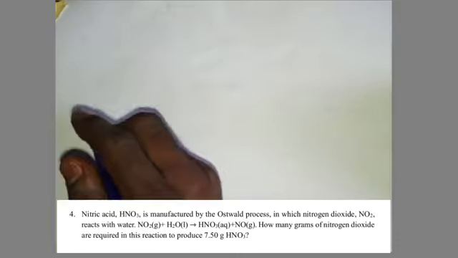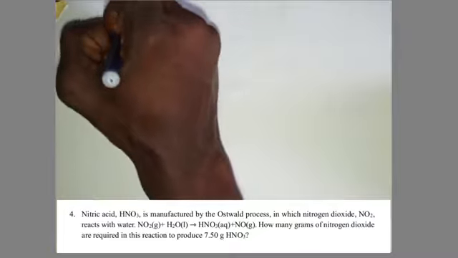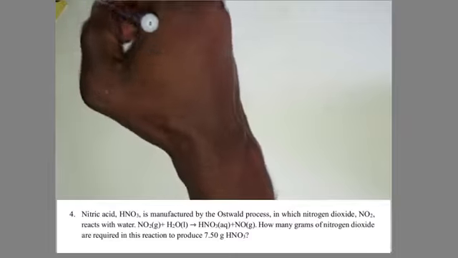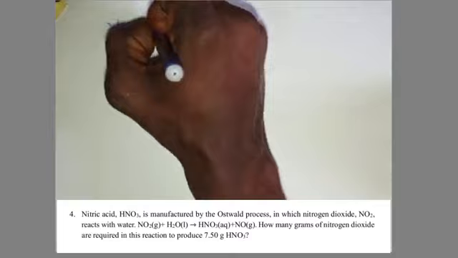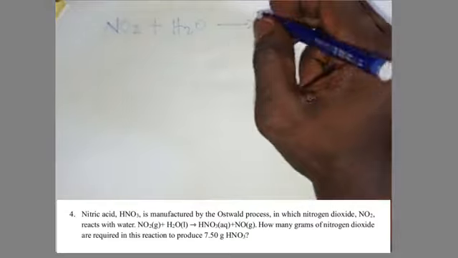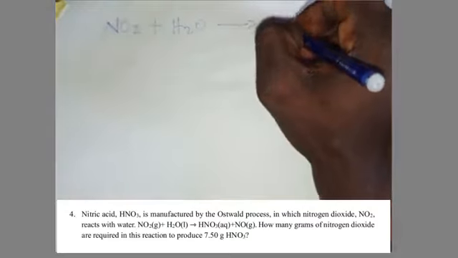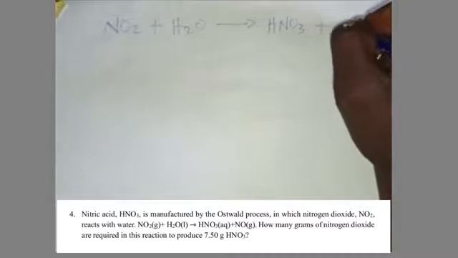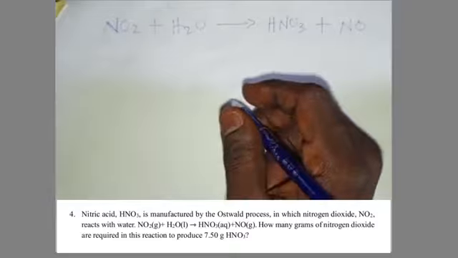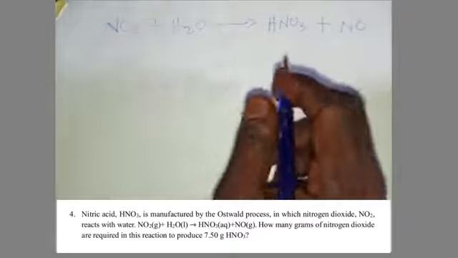We are given that NO2 plus water, H2O, is going to give us HNO3 plus NO. Alright, so from here, let us balance the equation because it's not balanced.